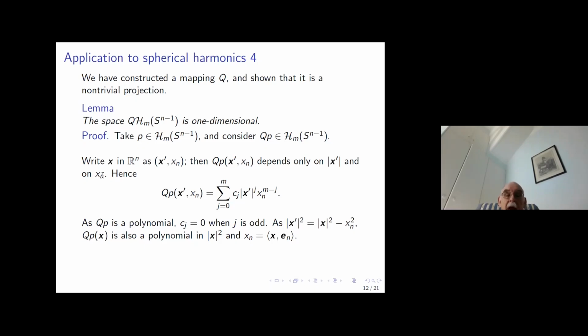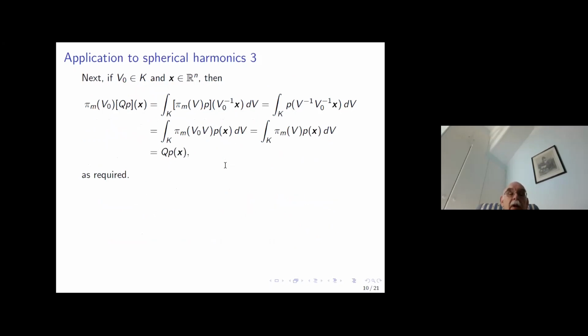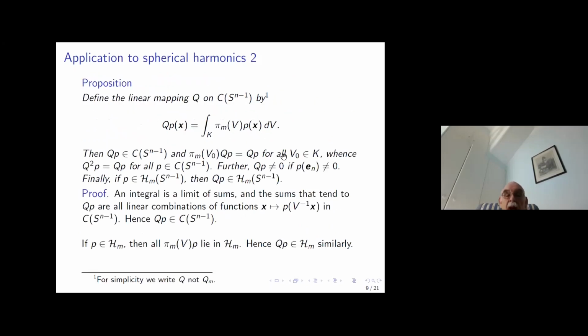Why is that? Well, that is because I know that this QP has the property that when I act on it by a matrix D0 in K, it doesn't change.